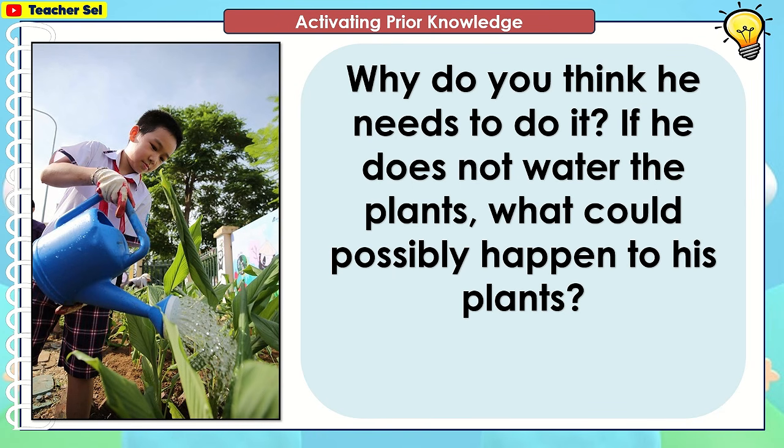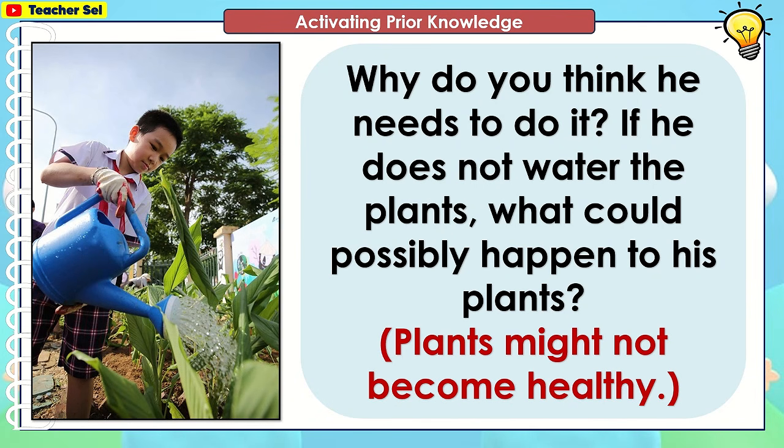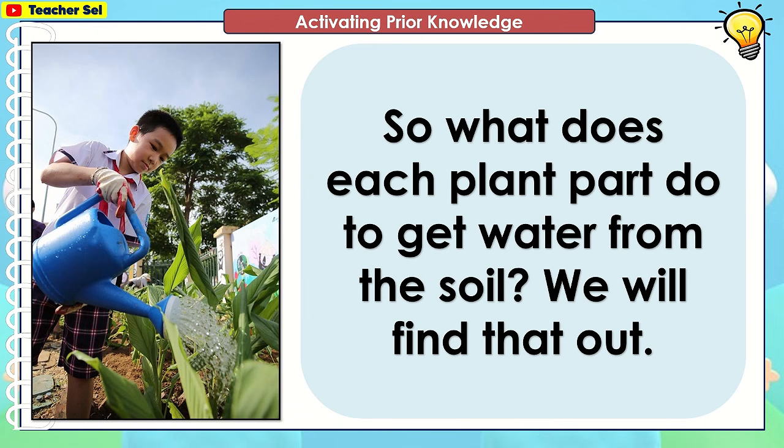Why do you think he needs to do it? If he does not water the plants, what could possibly happen to his plants? Plants might not become healthy. So what does each plant part do to get water from the soil? We will find that out.